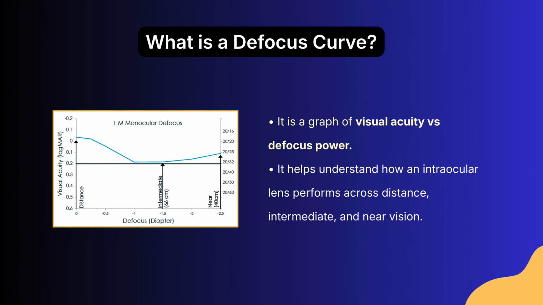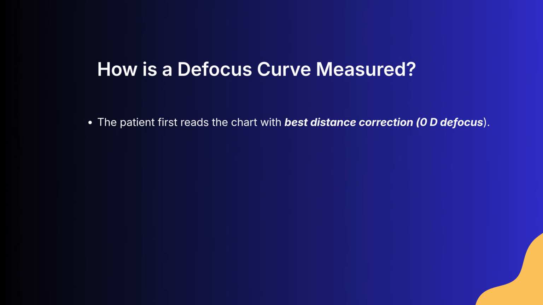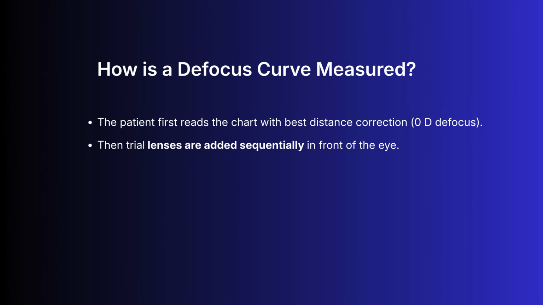To generate a defocus curve, visual acuity is measured while introducing different levels of optical defocus. Typically, after the cataract surgery, the patient is seated at a visual acuity chart and their best distance correction is first measured. Then, additional lenses are placed in front of the eye, usually in steps of about 0.5 diopters, to simulate viewing objects at different distances.